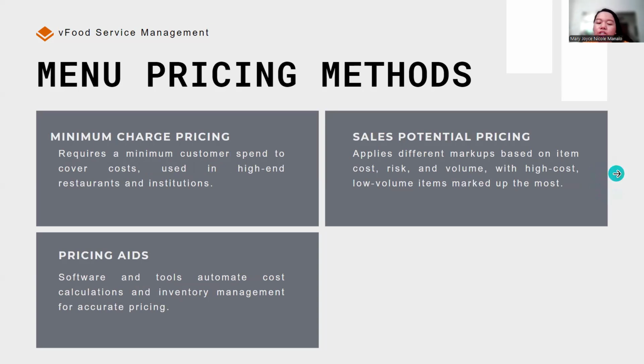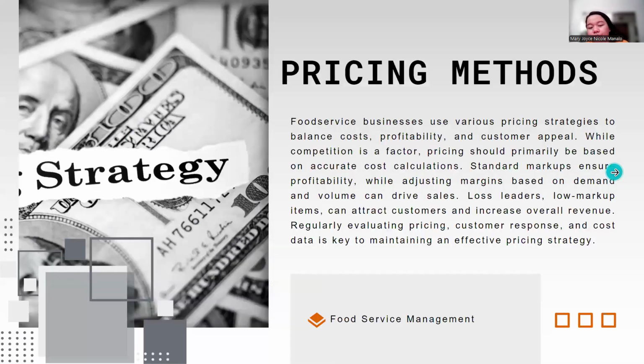For minimum charge pricing, it requires customers to meet a set spending minimum. Next is pricing based on sales potential. It adjusts markups based on item cost and sales volume. Lastly is pricing aids. It is a software tool that assists in setting prices and managing inventory.